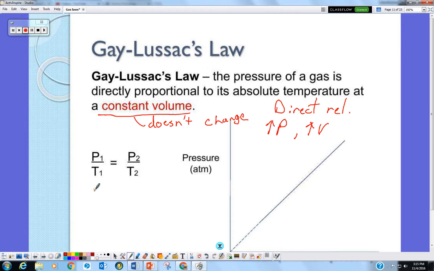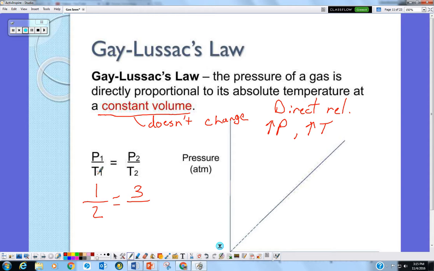Just like before, looking at this numerically, if I had a 1 to 2 relationship here and I triple it, so if I go up to a new pressure, well, let me correct something, not volume, temperature. As pressure increases, temperature increases. Sorry.